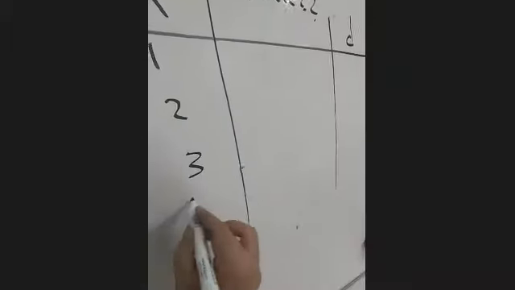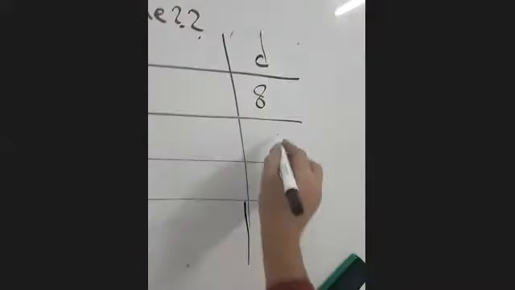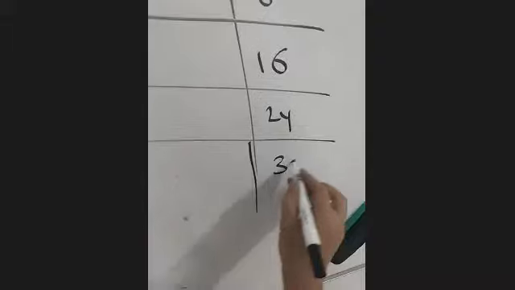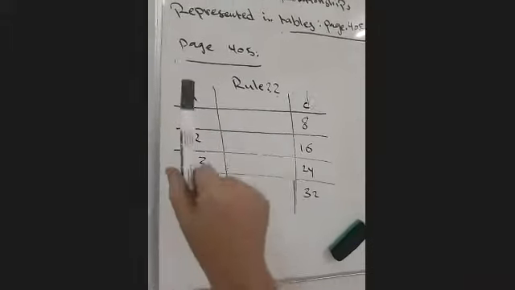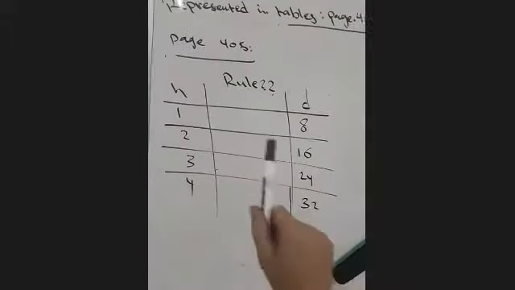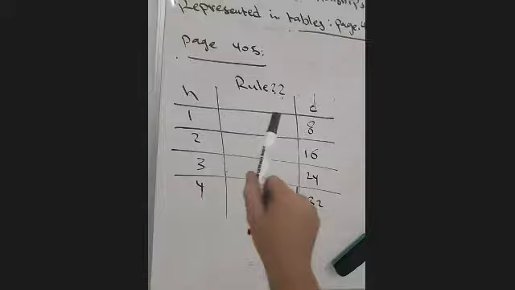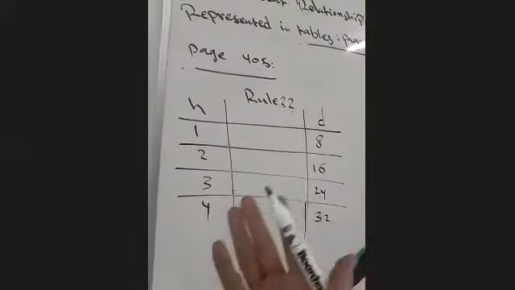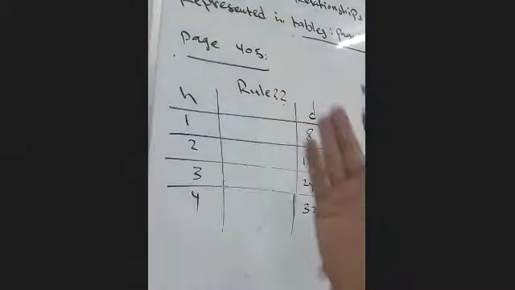And the values for D are 8, 16, 24, 32. Now, these are given, and we want to know the rule, sorry, the formula, which connects H and D.